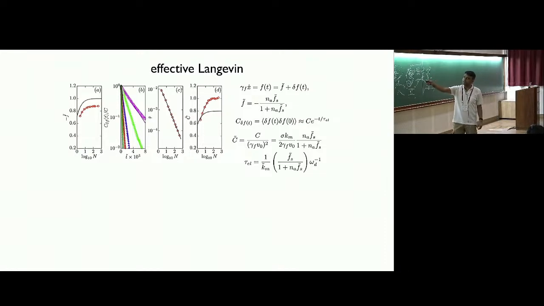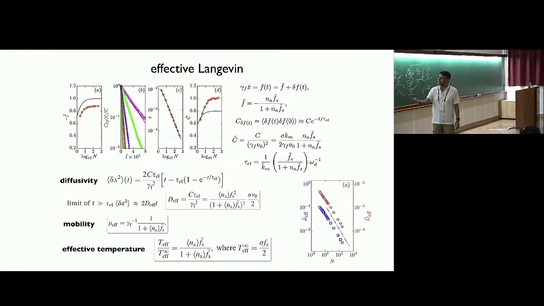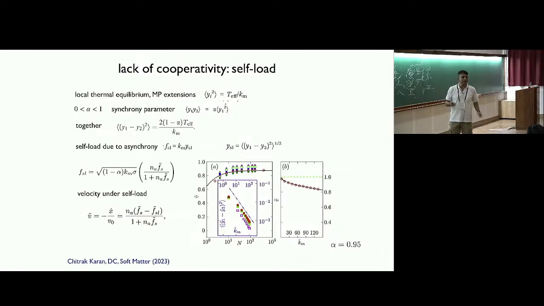So one final point: what is happening here is that if you have multiple molecular motors on a rigid segment of a filament, locally it's rigid. If multiple molecular motors are working there, the force generated by one molecular motor can generate an effective load on other molecular motors attached to that filament. So via the filament, one molecular motor's force can act like a load force on the other molecular motors.